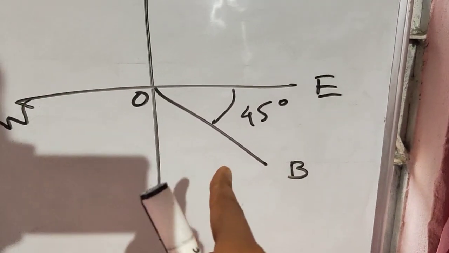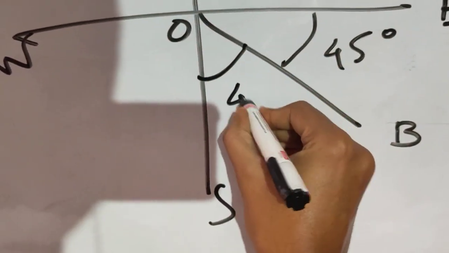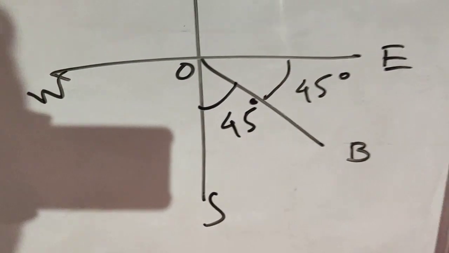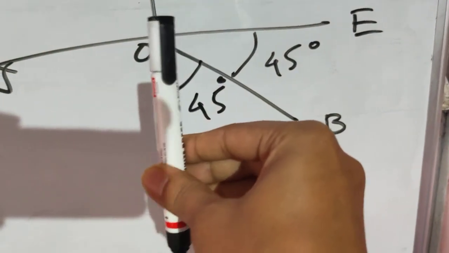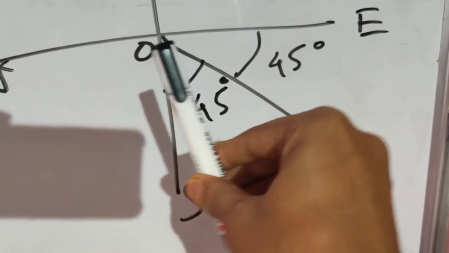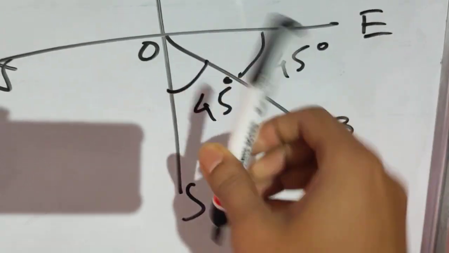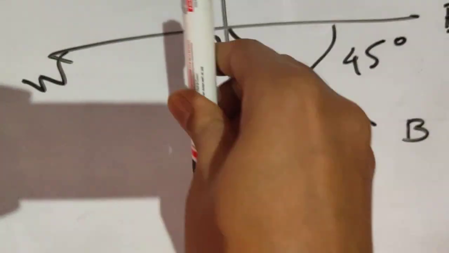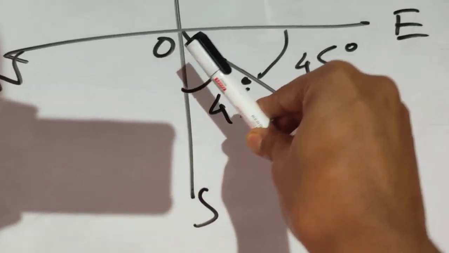So what is the angle of this line OB with the south direction? This is nothing but 45 degree. So the angle of this line OB measured from south direction is 45 degree. From here we are measuring in anti-clockwise direction, in this direction. Now this is the south, this is line OB. So we are starting from south and we are moving like this.